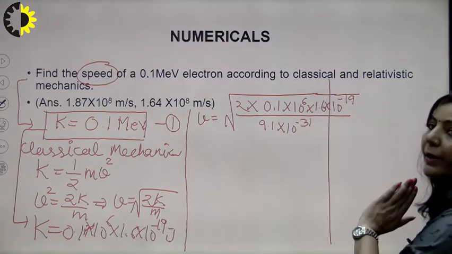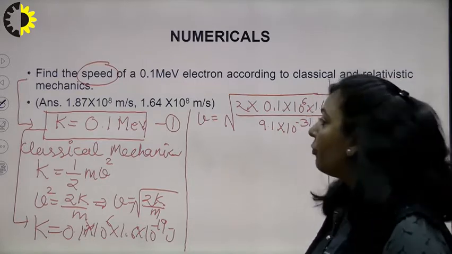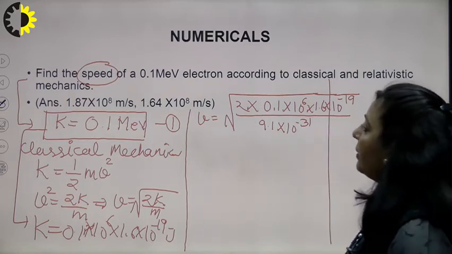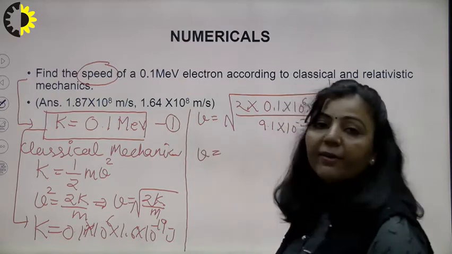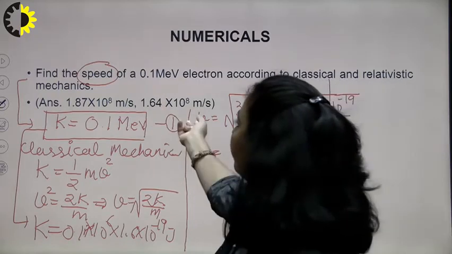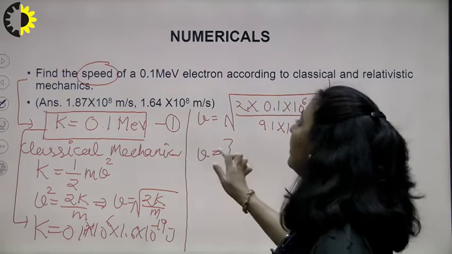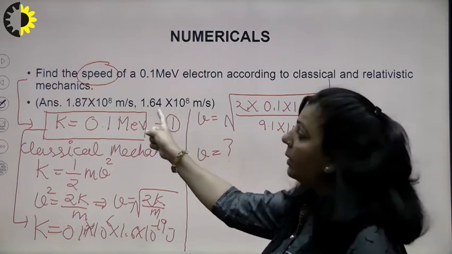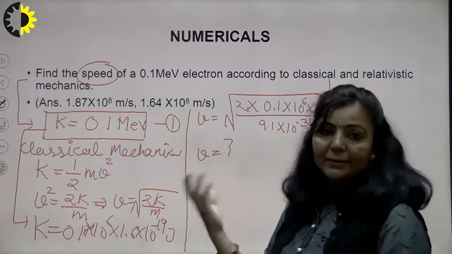Now you have converted all the parameters into the same system of units, so just simplify and you can find the value of v. The answers of both parts are already mentioned here. Just simplify it and check which speed is applicable in classical mechanics. So this is the method to solve the classical part.